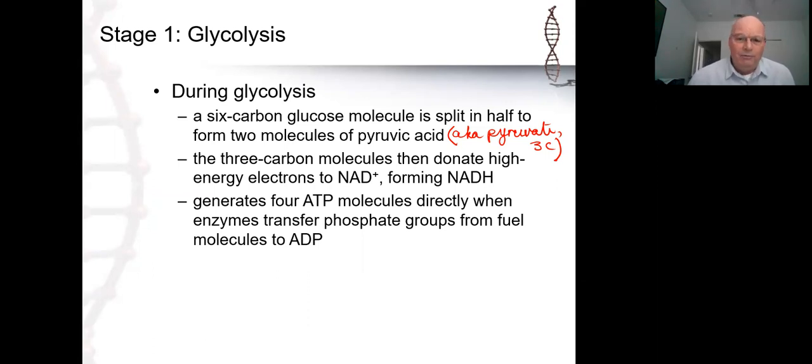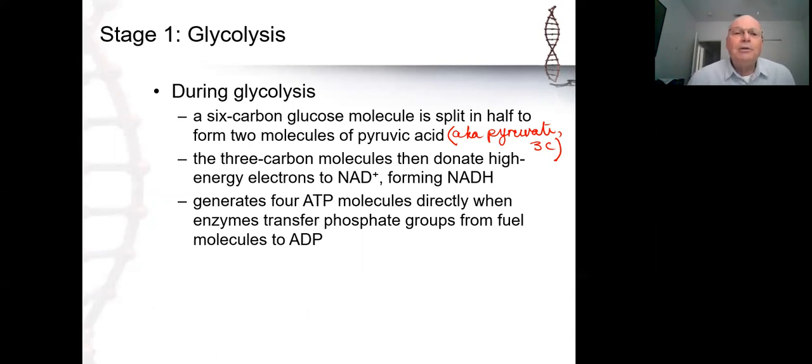Along the way, however, as part of the process, we do donate some electrons to reduce NAD plus to NADH. So here's where we start using the terms reduction and oxidation.